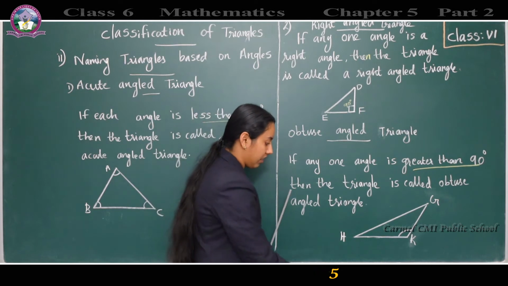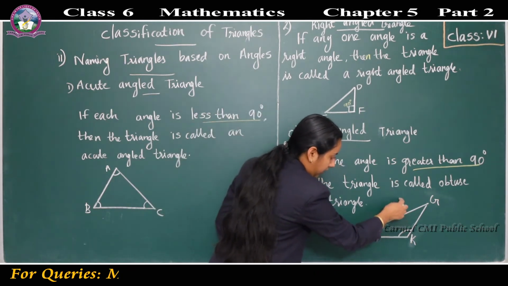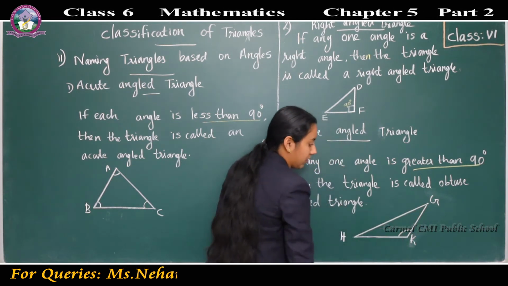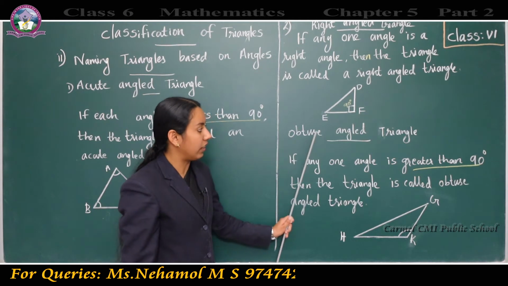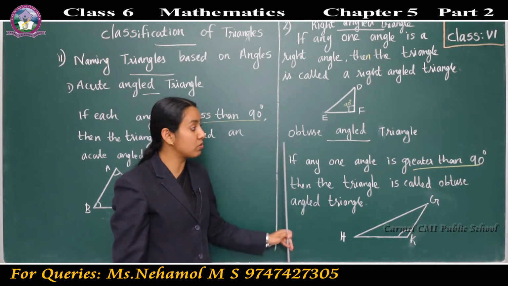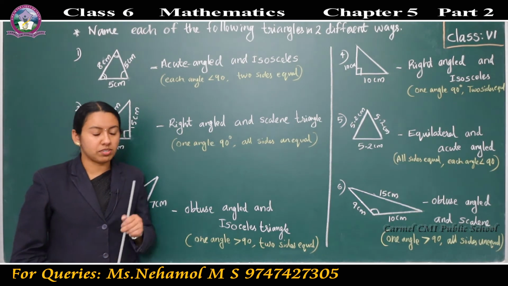One example is given here. Here this angle is greater than 90 degree, so it is an obtuse angled triangle. Now we can go through one question.